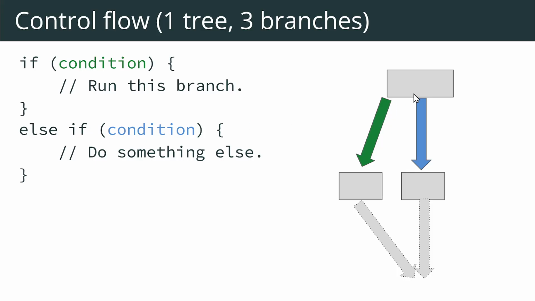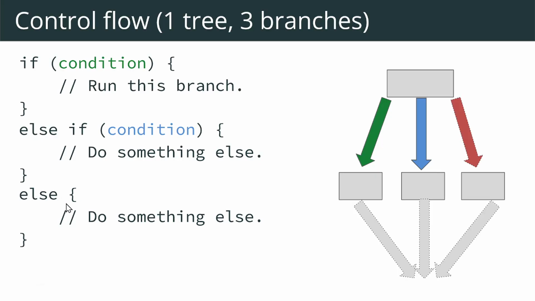Sometimes it's necessary to specify why we enter certain branches. So this is where we use an else if. And then finally, you can end off the tree with an else. This is like a catch-all branch. A catch-all meaning that if the earlier ones were false, then the last one would happen.